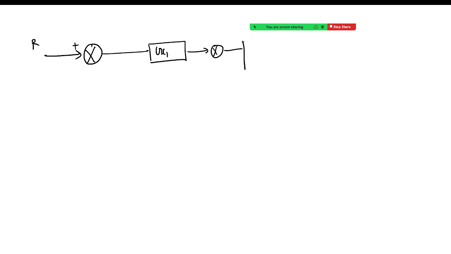So this closed loop will look like this. This one is your R, which is your input, fine. This one is positive, right? And here there was Gc1, is it clear? And after that there was a comparator, and here there was a small loop. So I'll be replacing this small loop with the transfer function of the small loop that we have calculated over here.